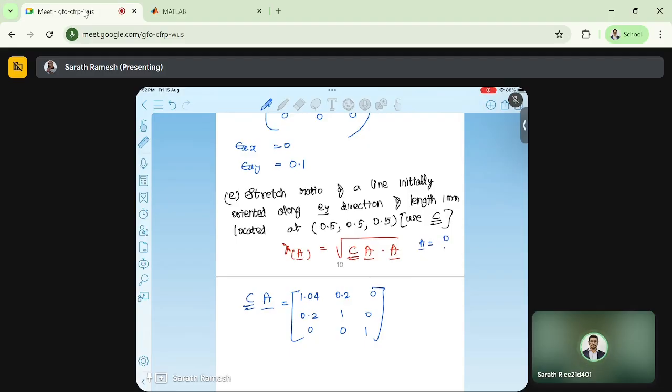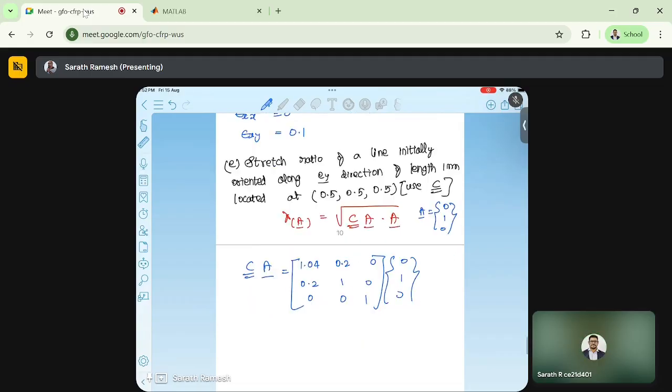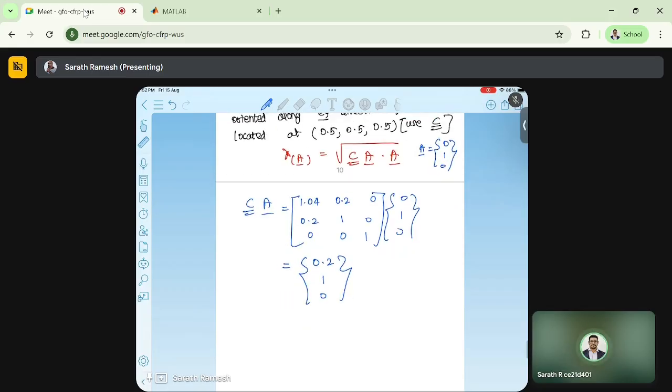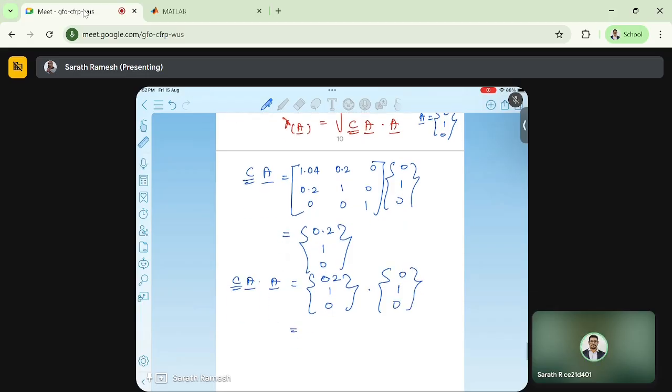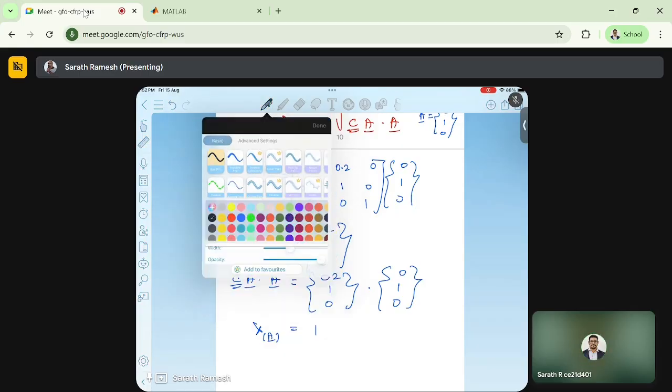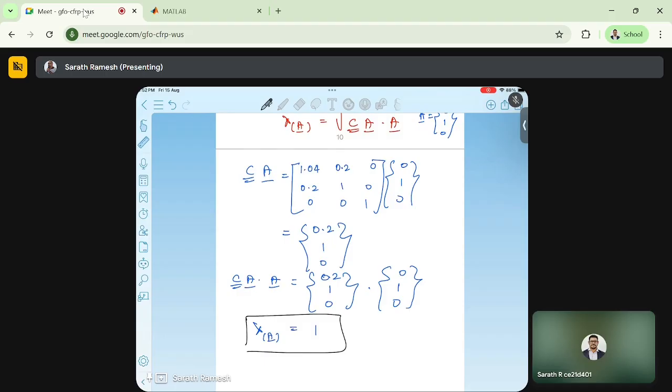So A will be the vector 0, 1, 0. So this will be equal to 0.2, 1, 0. Fine, when you multiply. And now we have to do this dot product: CA dotted with A will be 0.2, 1, 0 dotted with 0, 1, 0. So this is nothing but 1. Okay, the stretch ratio we are getting in the direction of EY is equal to 1. Fine.